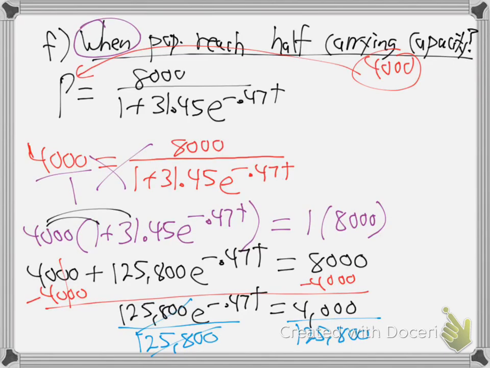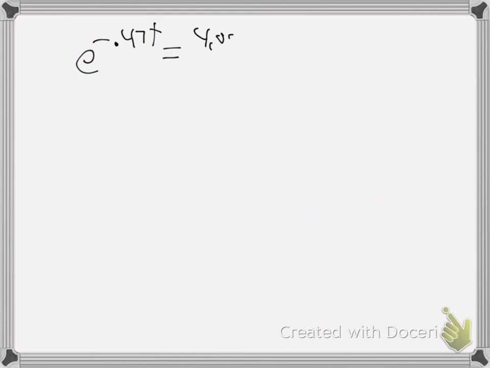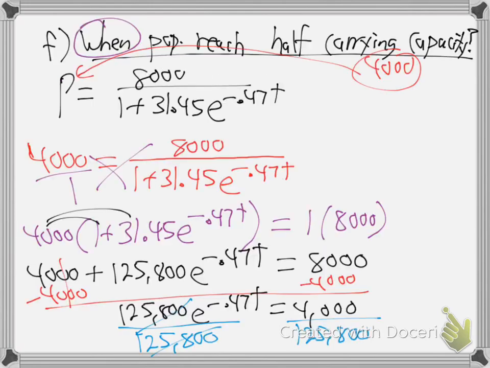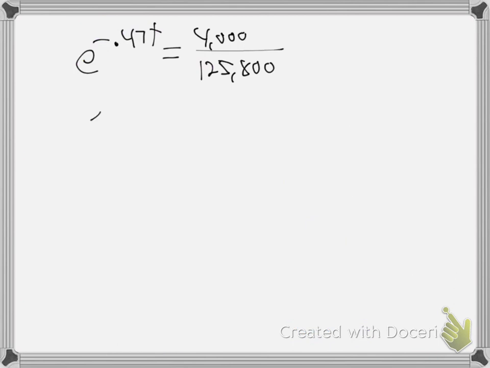So we're getting e to the minus 0.47t is 4,000 over 125,800. We good to there? Then if you divide that in your calculator, I think you get something ugly, don't you? But that'll be fine. So e to the minus 0.47t is 0.0317965024.